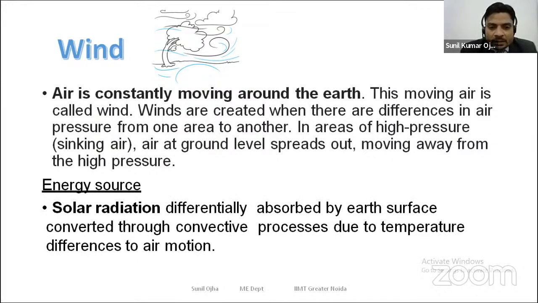Solar radiation is absorbed differently by the earth's surface, with convective heating and cooling. That temperature difference creates a pressure difference, and the air moves. So this is what we know as wind.